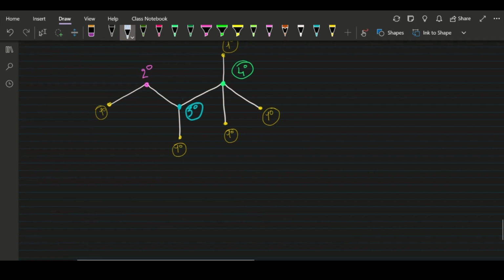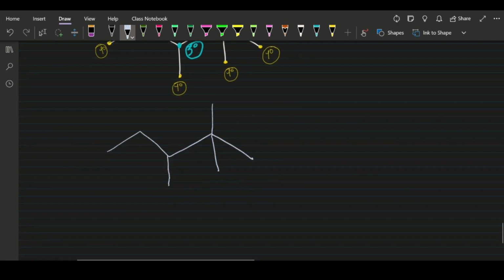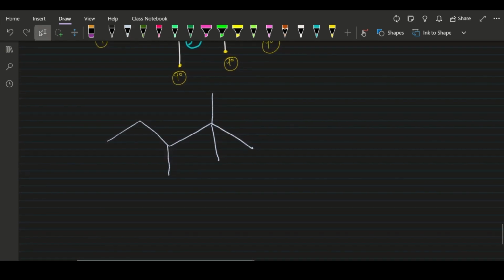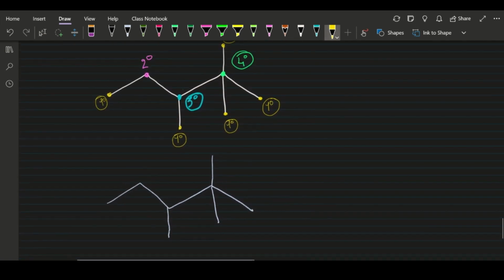All right, now let's do hydrogens. With the same molecule, let's do the same thing. Does it apply the same thing for hydrogen? Yes, but there is an exception.